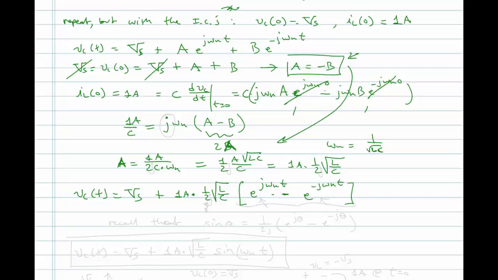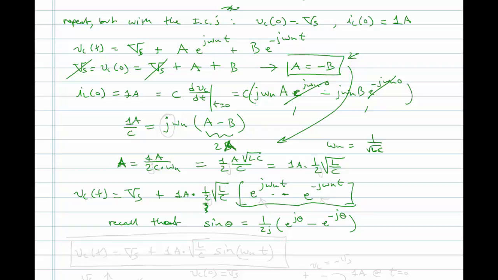Now, if I go back to what I'd done with Euler's formula before, let's recall that sine of theta was equal to 1 over 2j times e to the j theta minus e to the minus j theta. And if you notice, we have exactly that here. We have this piece and we have the 1/2.